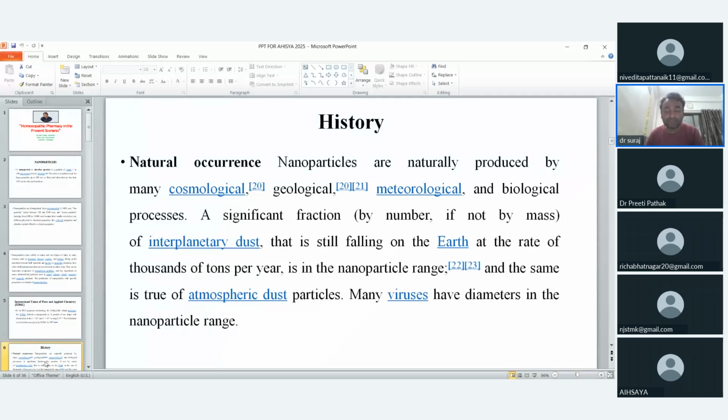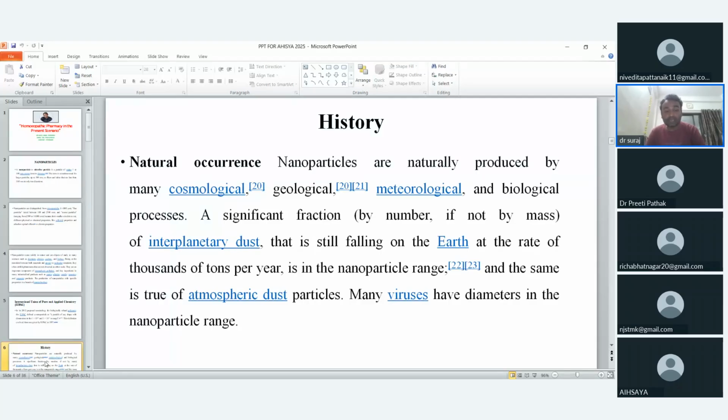So these are the different ways through which these minute, very fine structures are derived. And a significant fraction of interplanetary dust and nanoparticles fall on the earth at the rate of thousands of tons per year. So it is the nanoparticle range.